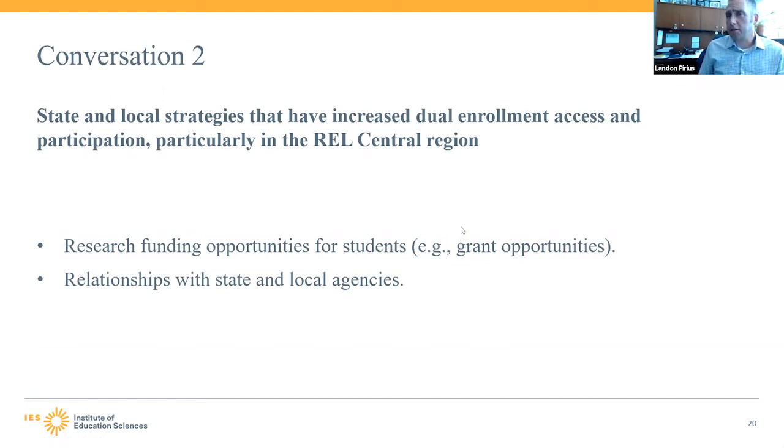And every year districts or colleges can apply. Sometimes it's used to help with teacher credentialing. Sometimes it's used for technology purposes. Sometimes it's used for partnerships. So there's a number of different things it can be used for, but having a pot of money that is a grant source that districts and colleges can tap into has helped with the access and the expansion.